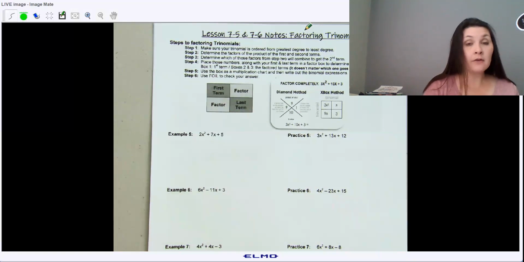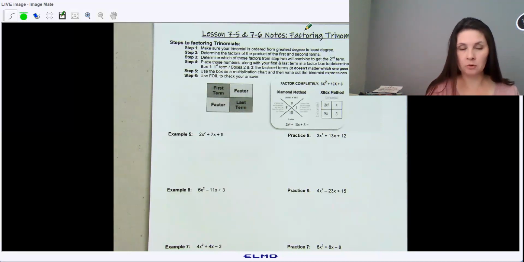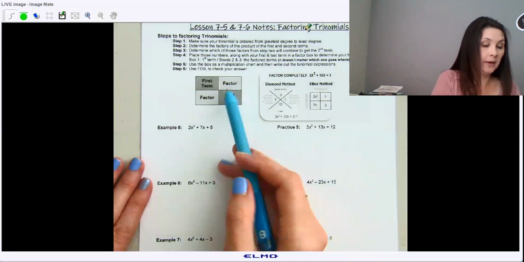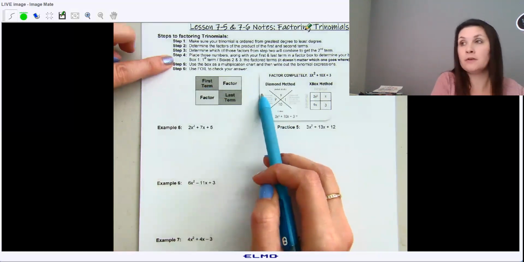Everything that we did on the first page, we're going to do on the second page, but then we have 2 additional steps at the end to figure out what the binomial is. The reason is because the leading coefficient is no longer 1, and that changes things a little bit. I will explain these when we get to steps 4 and 5.